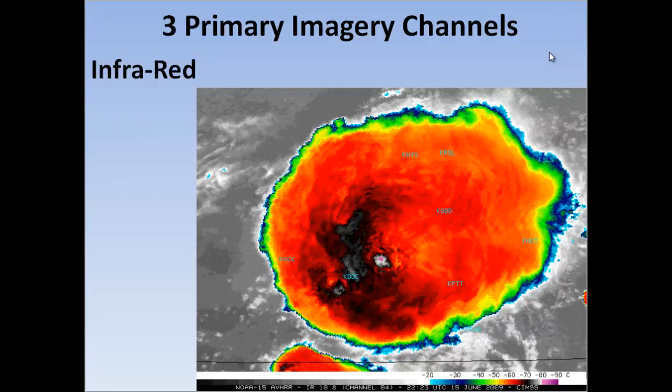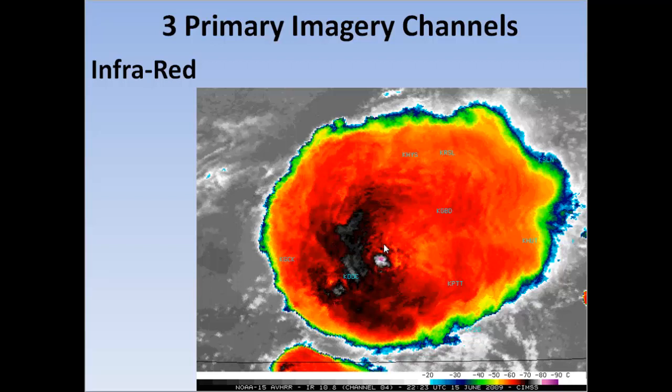The second channel is infrared, and that measures the temperature that the satellite is seeing. This is a picture of a supercell thunderstorm with very cold cloud tops. Looking at the scale down here, 80 degrees below zero, it looks like, on this overshooting top right here.